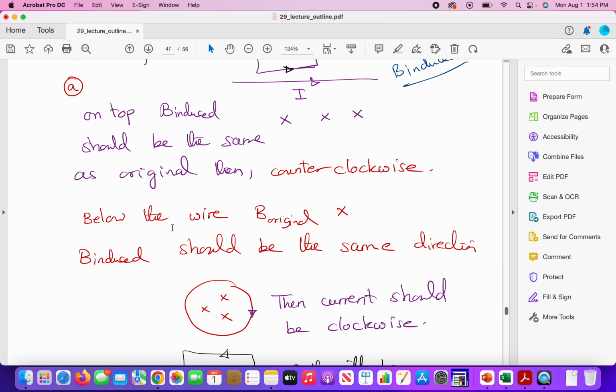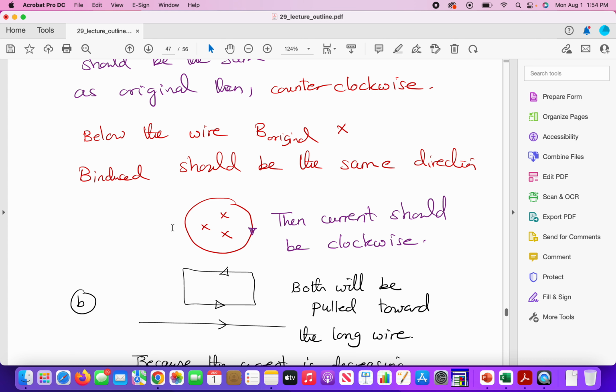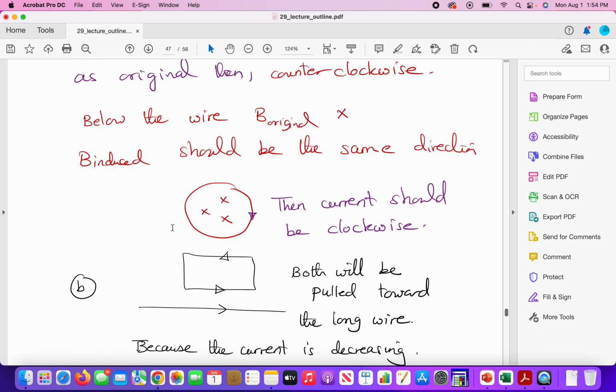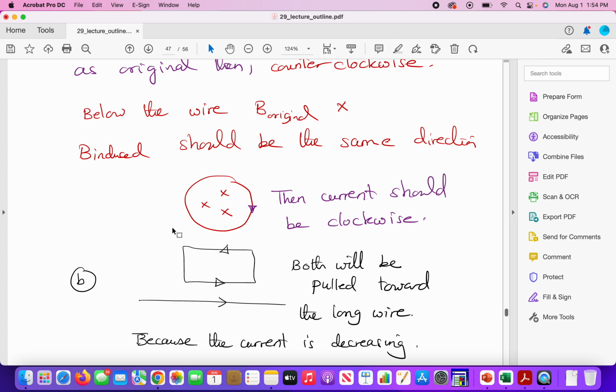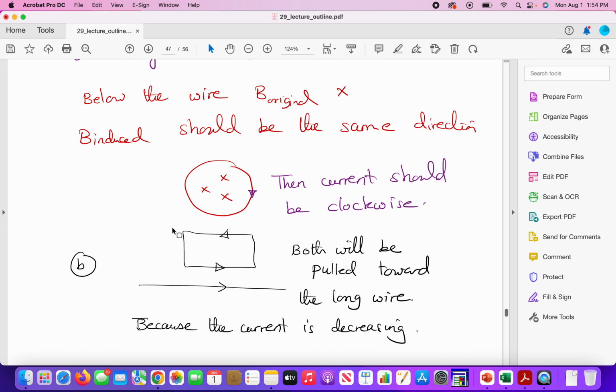And I will say both of them will be pulled toward the long wire because the current is decreasing, and because the current is decreasing, the flux is decreasing, and therefore since the flux is decreasing, we know that this should be attraction.